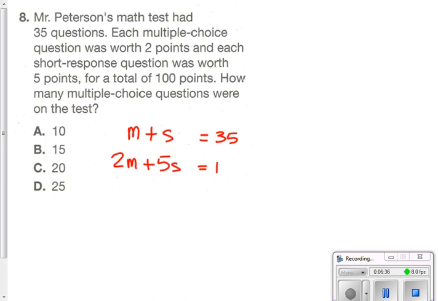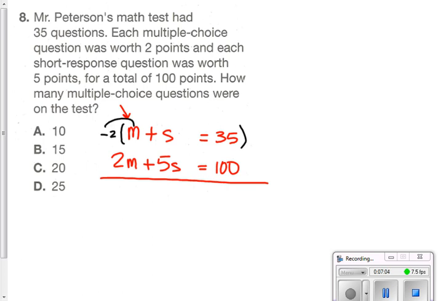Now we have 2 equations here, and we've used substitution before and also elimination to figure out these values. I'm going to use elimination. Draw a line underneath. I'm going to eliminate m's. In order to eliminate m, I need to have that become a negative 2, so I need to multiply this whole equation by negative 2.